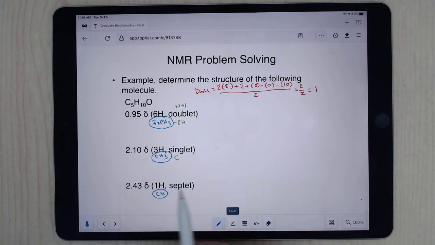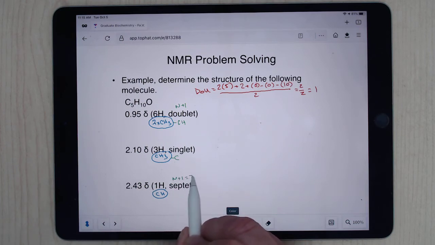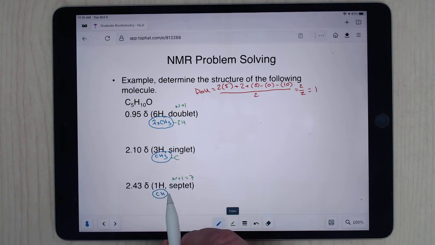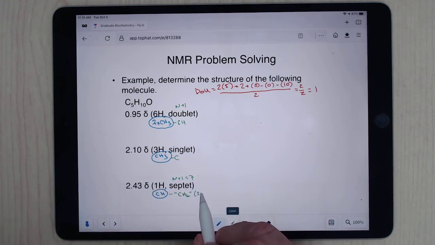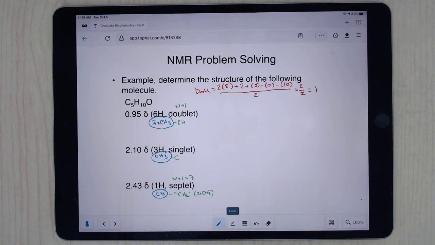And then here, this is a septet, so n plus 1 equals 7, which means 6 hydrogens. Well, this would be this mythical CH6, which is probably going to be 2 equivalent CH3s.